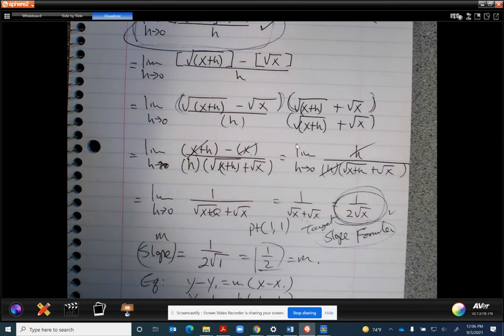Can you go back to your chapter 1, section 1, in that example area? Can you find the alternate form of the derivative formula? What page is that on? Yeah, 129. Go to page 129.